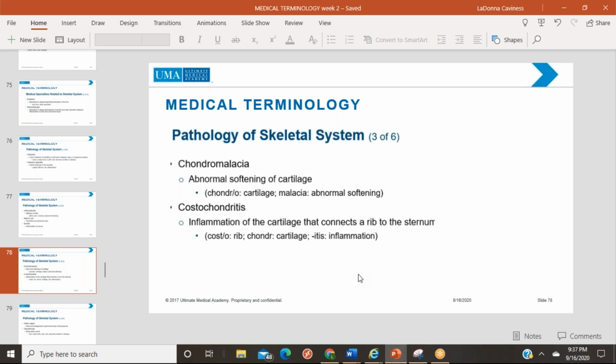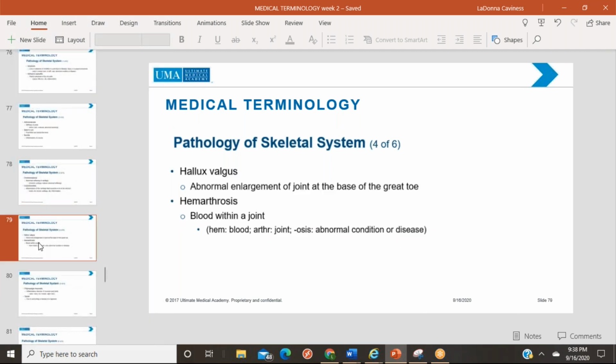Costochondritis is inflammation of the cartilage that connects a rib to the sternum. When you break that down, costo means rib, chondro means cartilage, and again, itis refers to inflammation. Hallux valgus is abnormal enlargement of a joint at the base of the great toe.